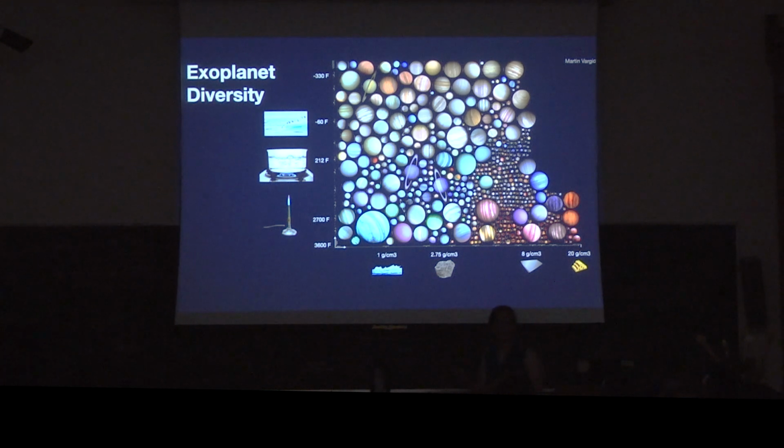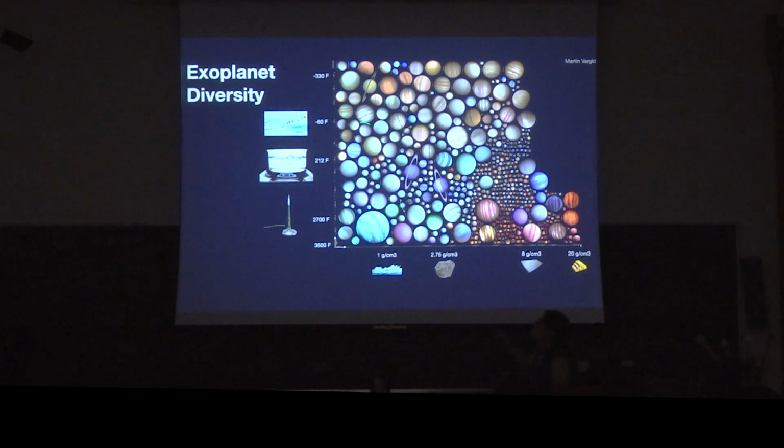This is kind of halfway between an artist's impression and a real scientific chart. This is showing you little sketches of what we think the types of planets are for a couple of hundred known exoplanets. So these are not photos of the planets. These are just an artist's drawing of each planet based on how big we think it is, how massive we think it is.